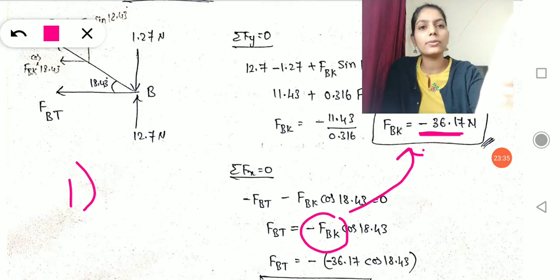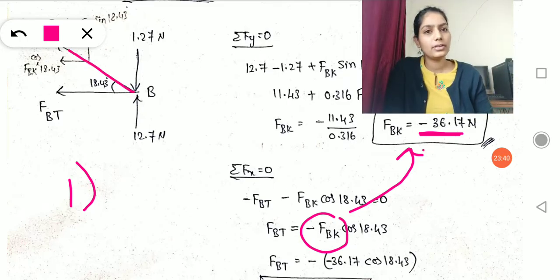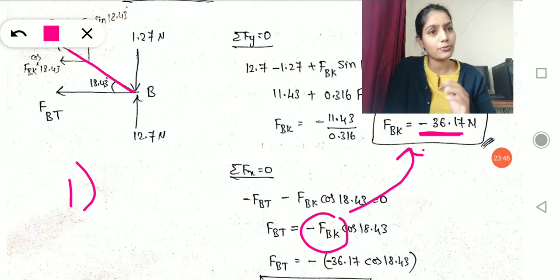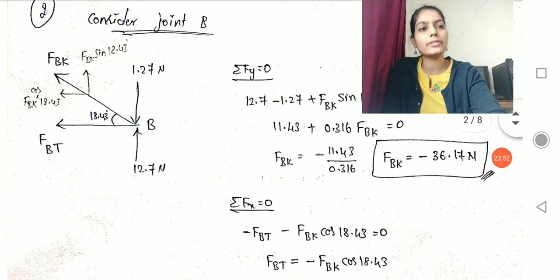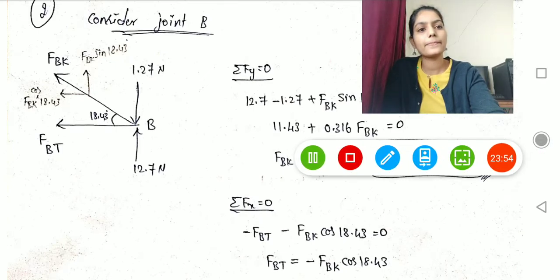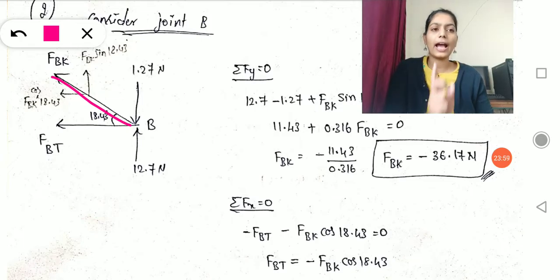I have assumed BK is away from the joint, or you can simply say I have assumed it in tension form. Force BK I have assumed in tension form, as per the earlier assumption when cutting any joint.